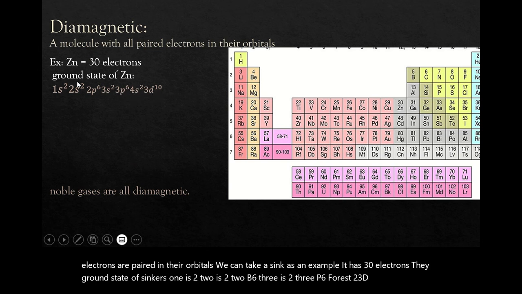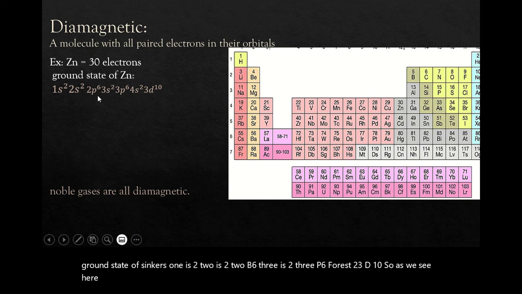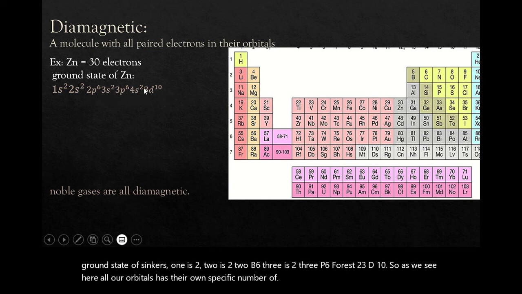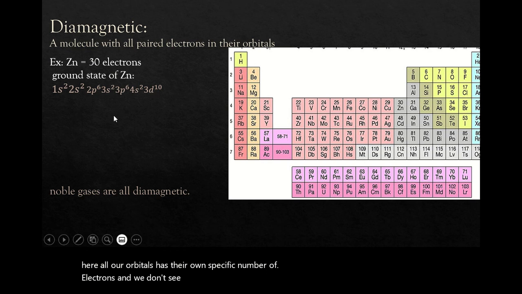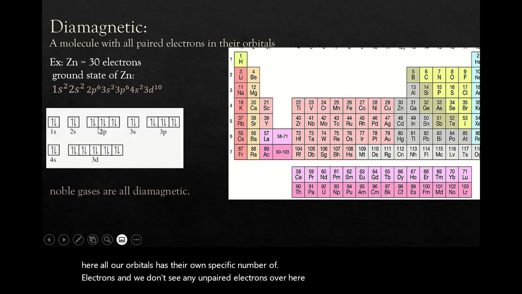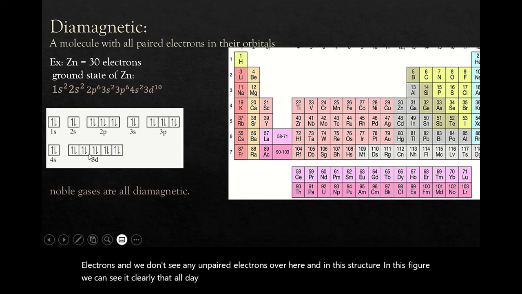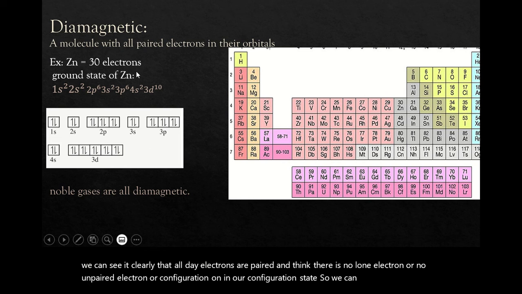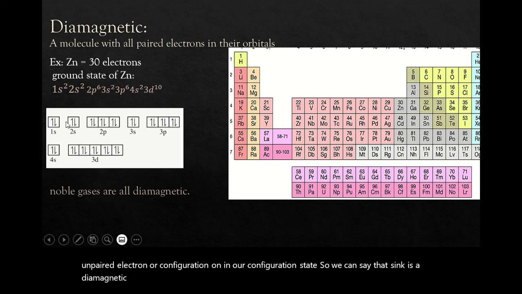So as we see here, all our orbitals have their own specific number of electrons, and we don't see any unpaired electrons over here. And in this figure, we can see it clearly that all the electrons are paired in zinc. There's no lone electron or no unpaired electron in our configuration. So we can say that zinc is a diamagnetic molecule and it has all its electrons paired.